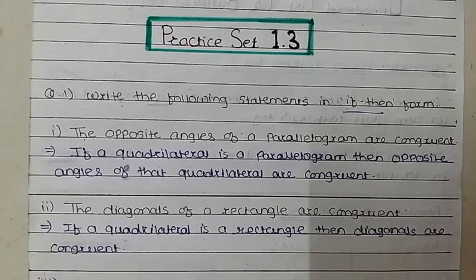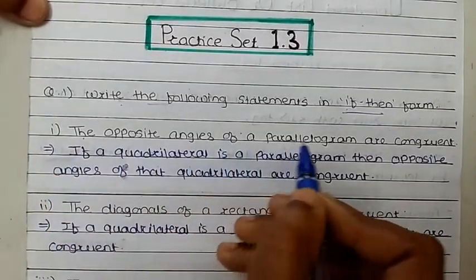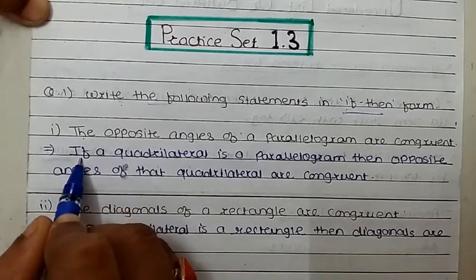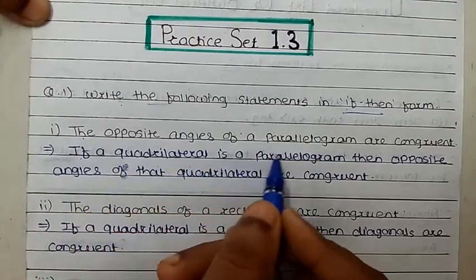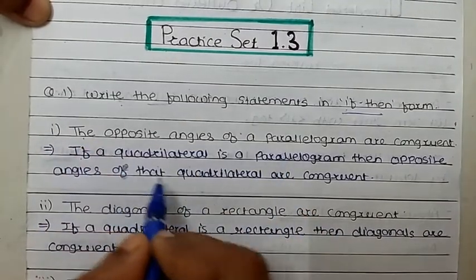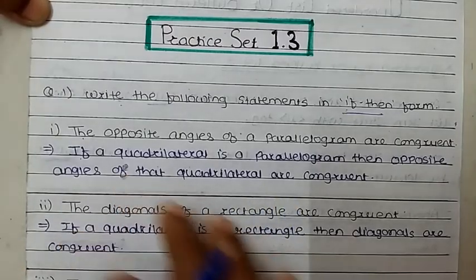When we say the given quadrilateral is a parallelogram, then definitely its opposite angles are congruent. So this is the first one.